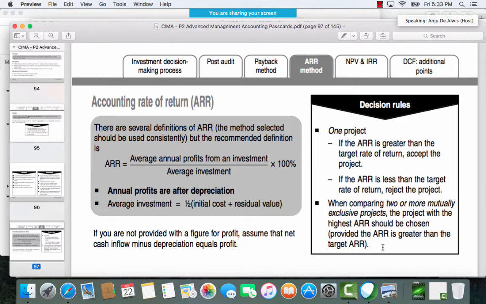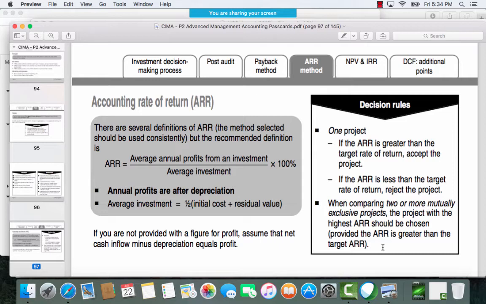Any views? Well, because you are using the average annual profits from an investment.